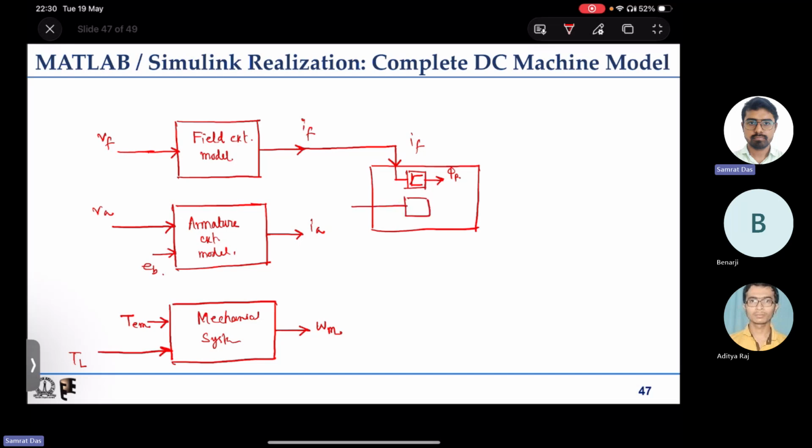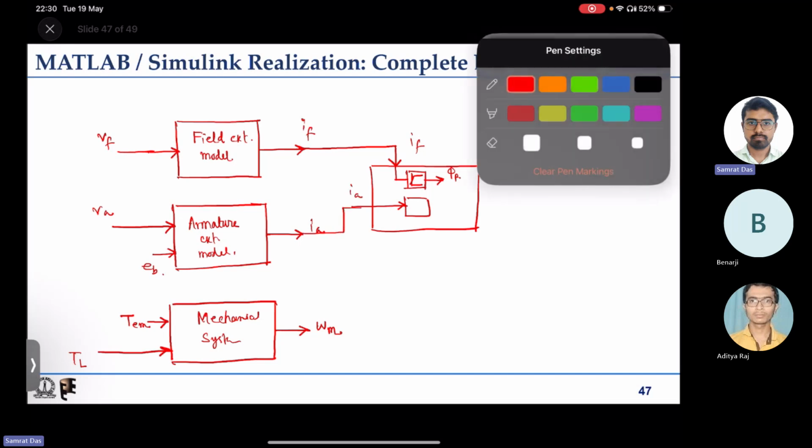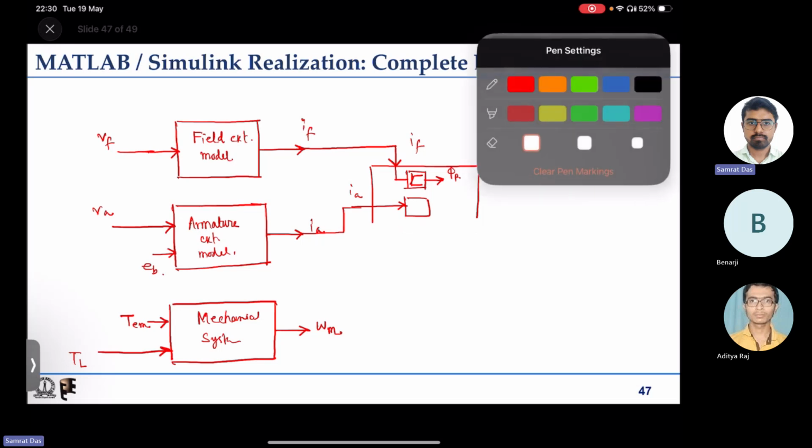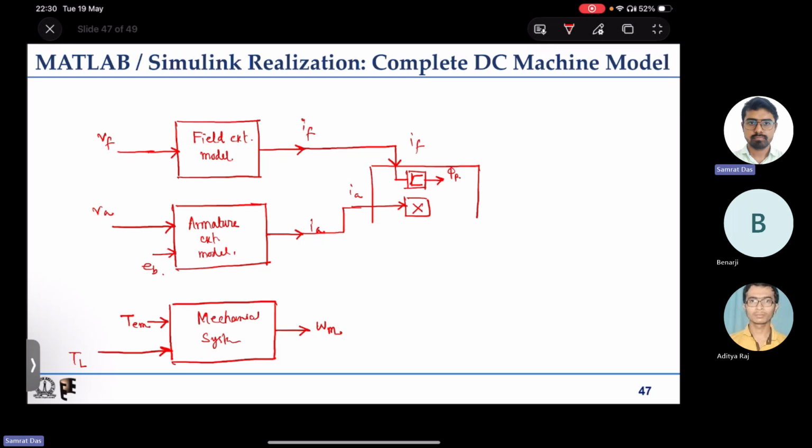So we have one of the inputs coming as armature current IA, this is the multiplication block, and we have another multiplication where phi p is coming, omega m is coming, and what goes out is back EMF.